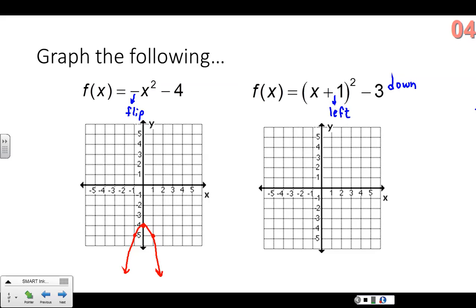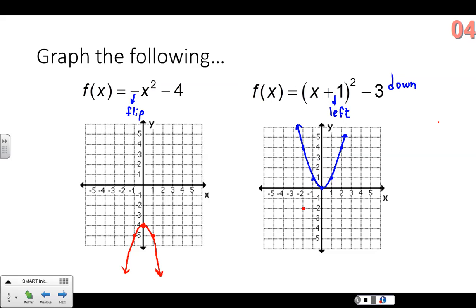So to get a baseline, let's draw the basic curve out. The basic curve we know goes through 2, 4, negative 2, 4. So that's just what the basic curve looks like. Now if I shift the points like this, each point to the left 1 and down 3. So to the left 1, down 3.